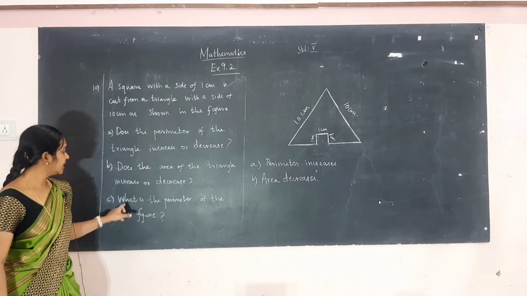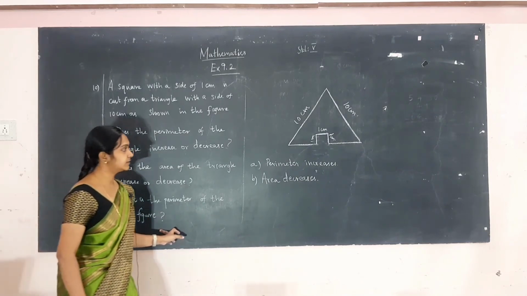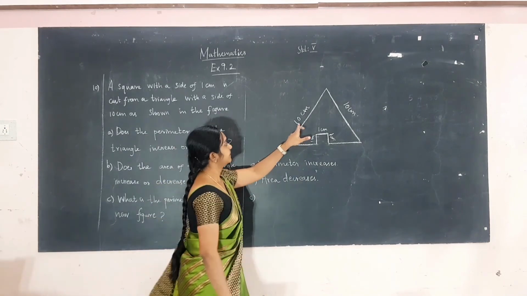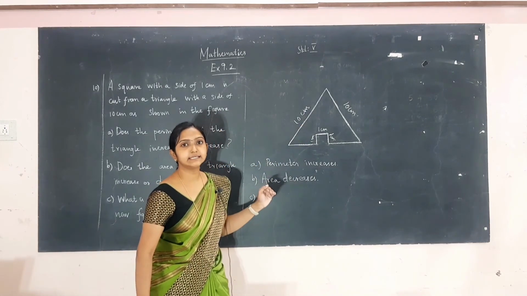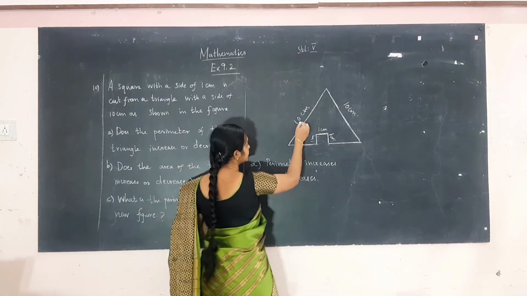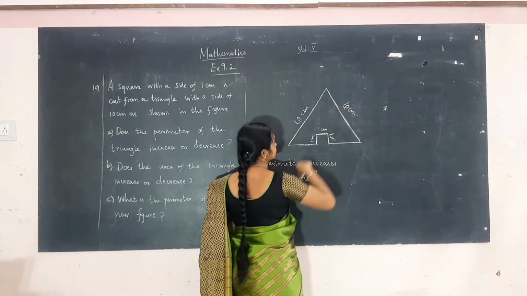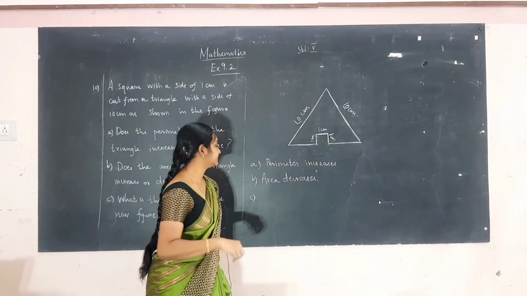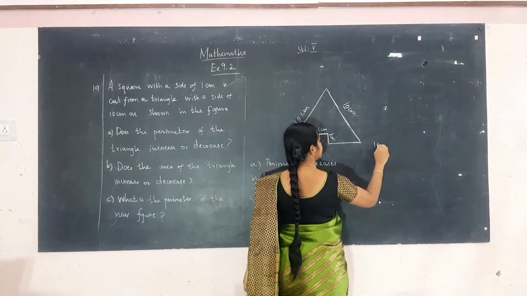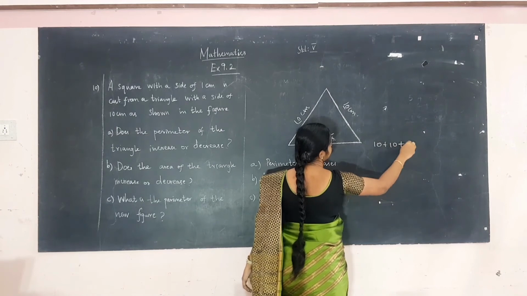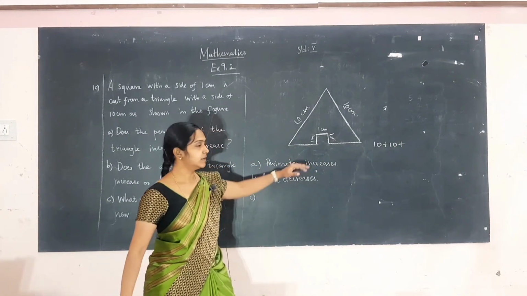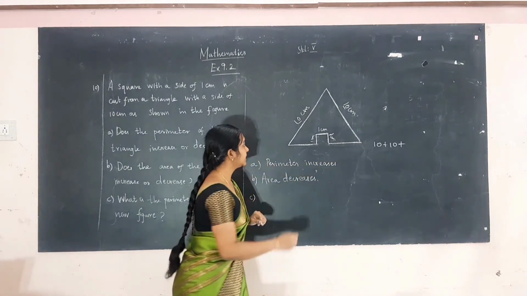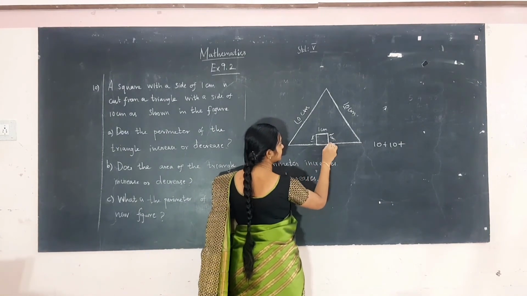We have to find the perimeter of the new figure. Perimeter means we have to just add the boundary. Here it is 10 centimeter, here it is 10 centimeter and here it was 10 centimeter. 10 centimeter plus 10 centimeter plus, here it must be 10 centimeter and here this part is cut out.